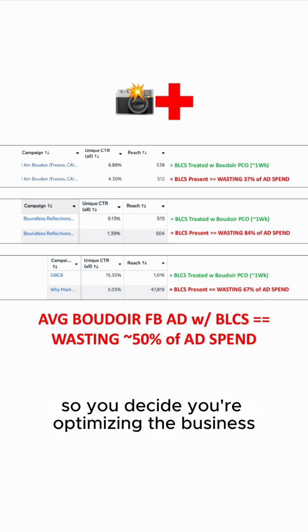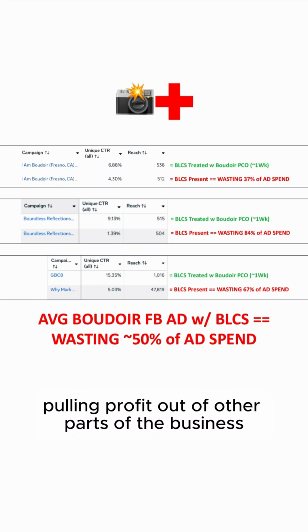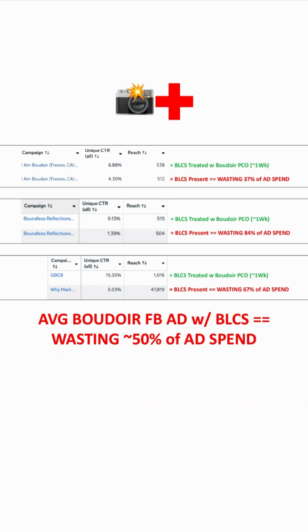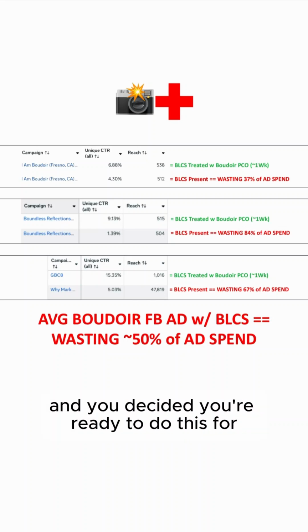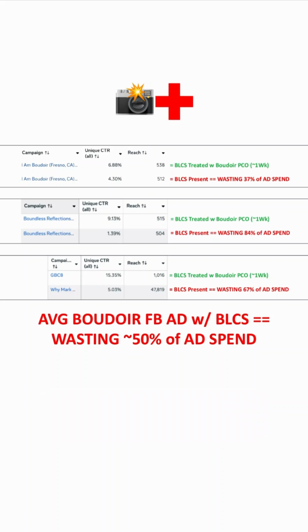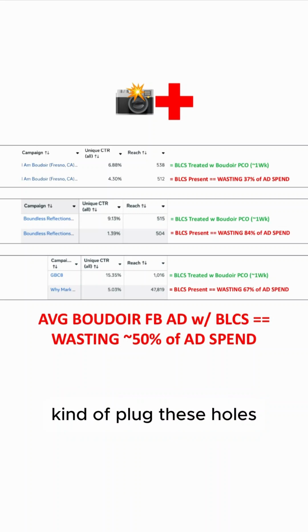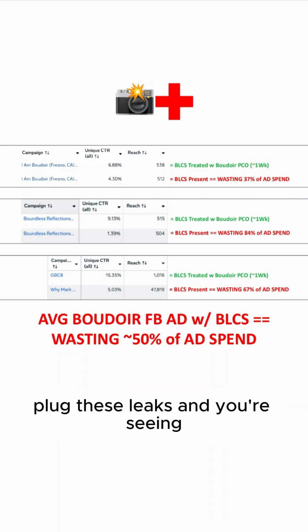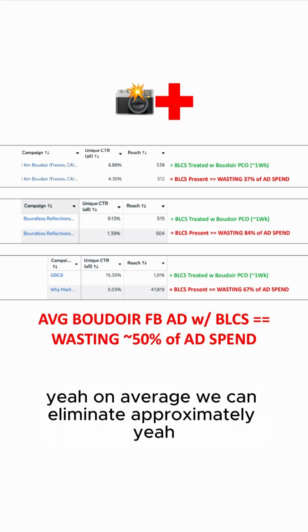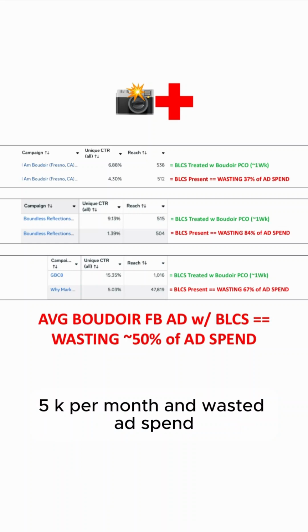So you decide you're optimizing the business, pulling profit out of other parts of the business, and increasing pulling profits out, and you decide you're ready to do this for the Facebook ads part of your boudoir photography business, plug these holes, plug these leaks, and you're seeing, on average, we can eliminate approximately 5K per month in wasted ad spend.